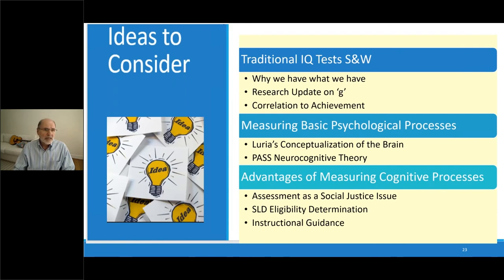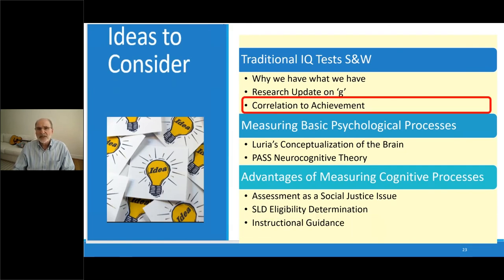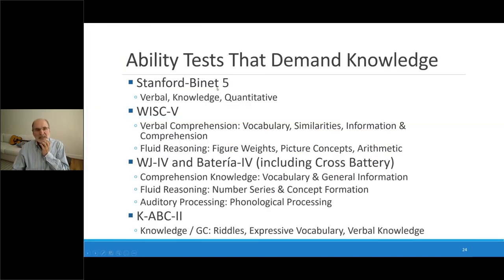Now, let's just take one more little step here. Some people have said to me that yes, tests like the Stanford-Binet, WISC-5, the WJ, even parts of the KABC, have tests that require knowledge, especially verbal tests.